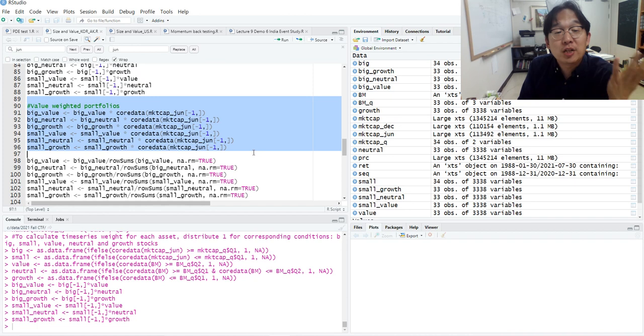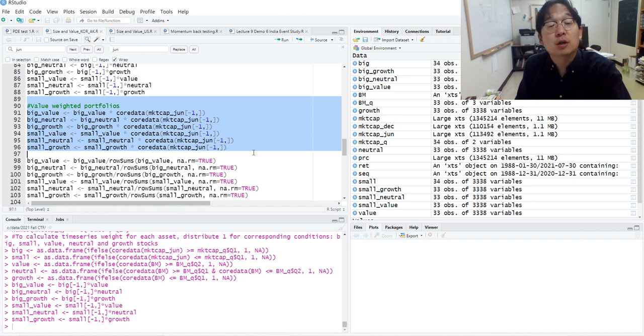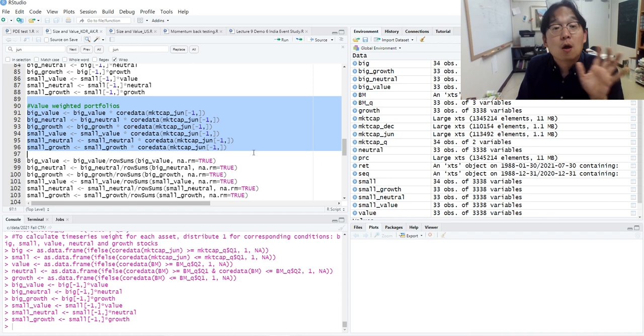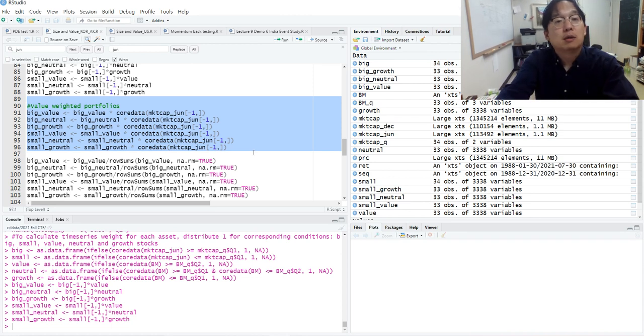For that part, we need to compute the value weight of each different portfolio. Value weight means the value should be based on the market cap, as of June. So that's this one.